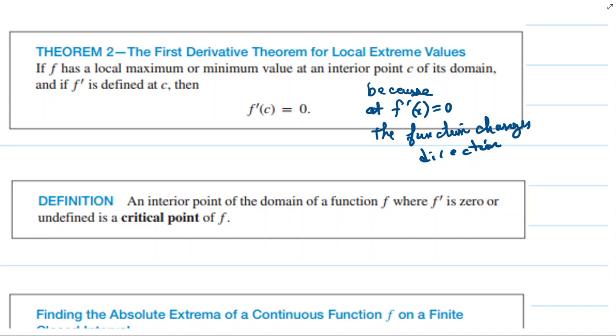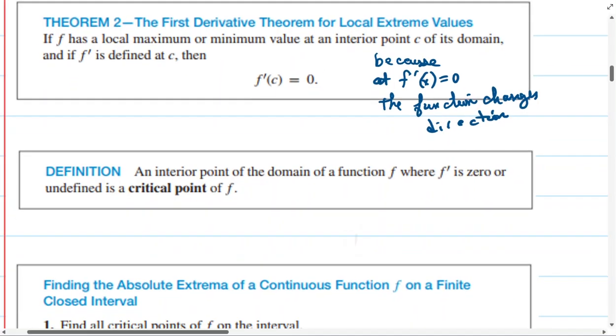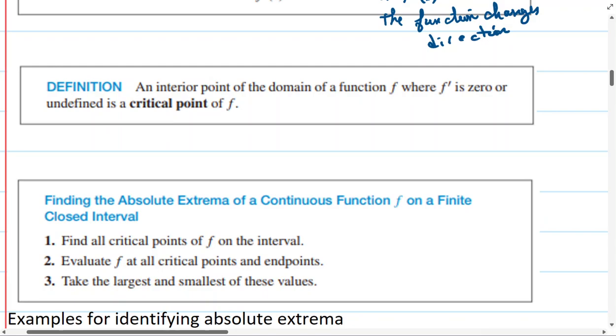Okay, so now what happens next? Now we state all of the x values that create that zero within the function are called critical numbers. They exist as values that define where the function changes direction.